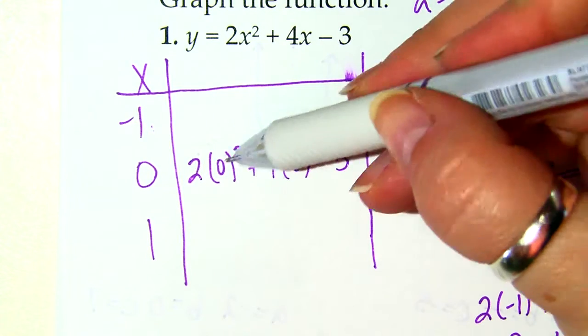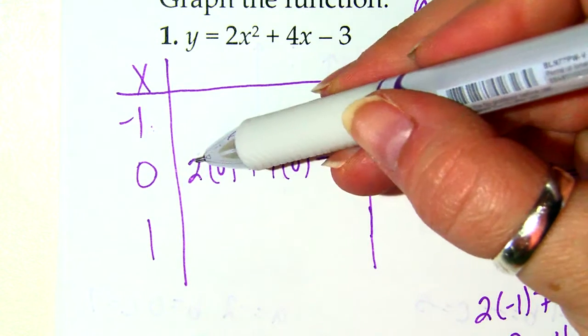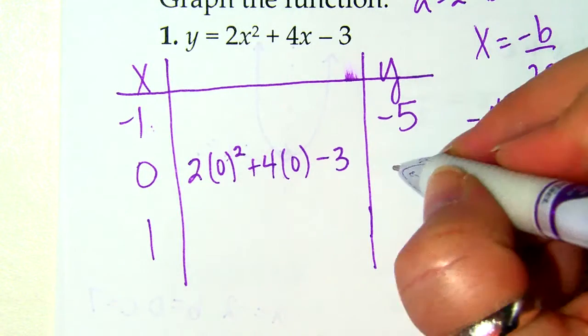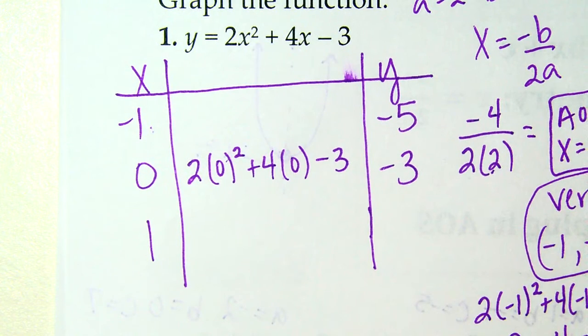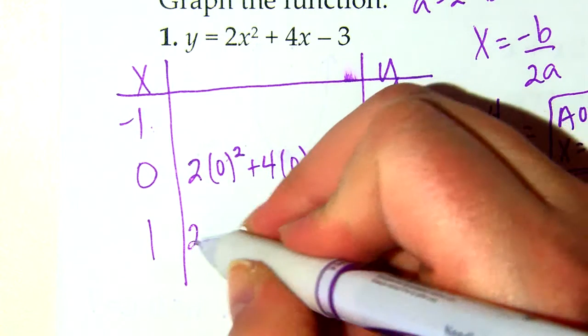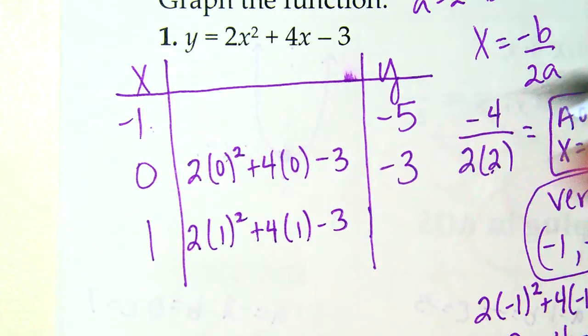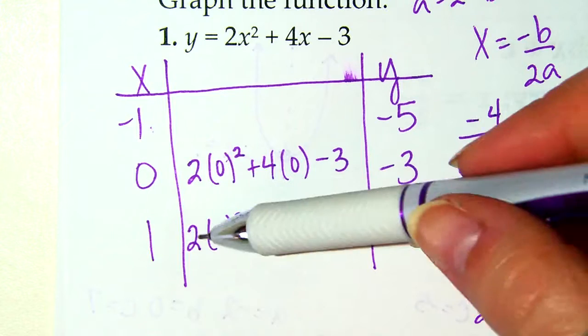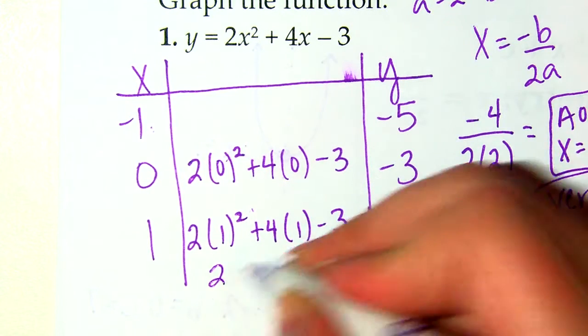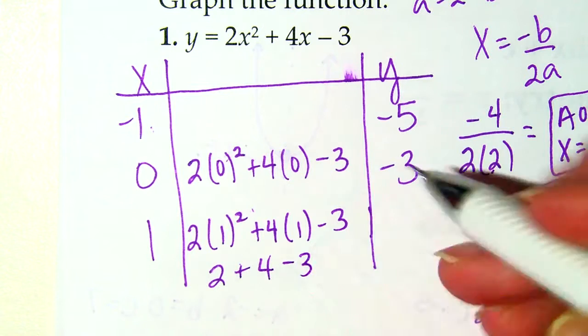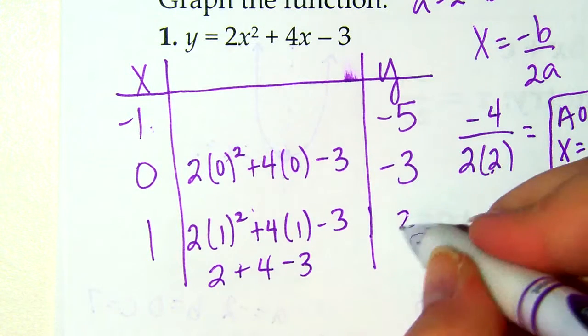So 0 squared is 0, times 2 is 0, plus 0 minus 3. So you get negative 3 there. And then the 1, so 1 squared is 1 times 2 is 2, plus 4 minus 3. So that's 6 minus 3, which is 3.